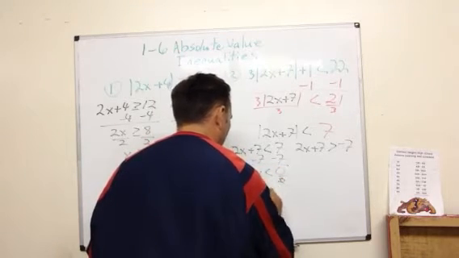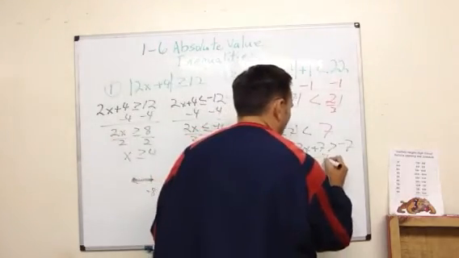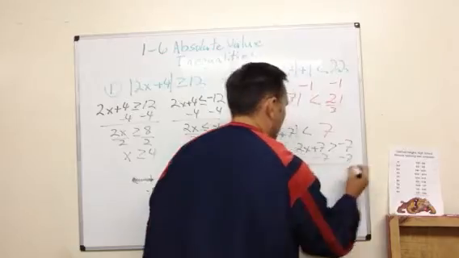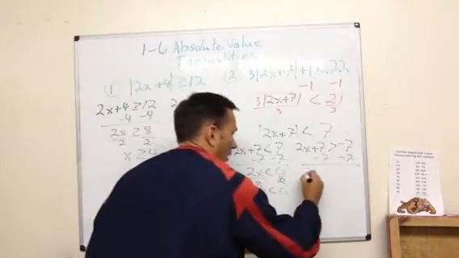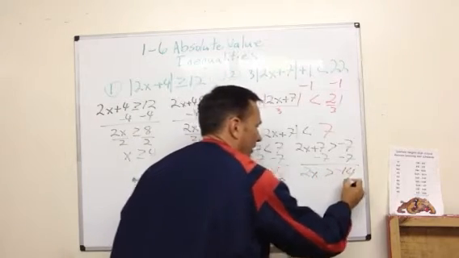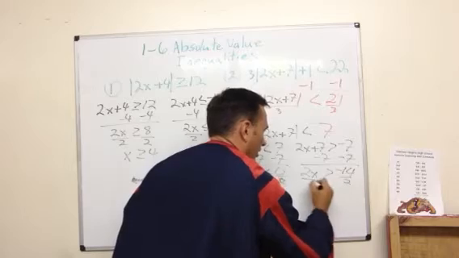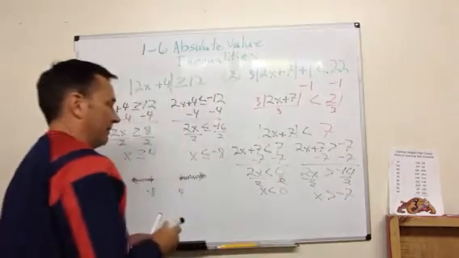Divide by 2, we get x less than 0. Over here, add our negative 7. We end up with 2x greater than negative 14. We have x greater than negative 7.